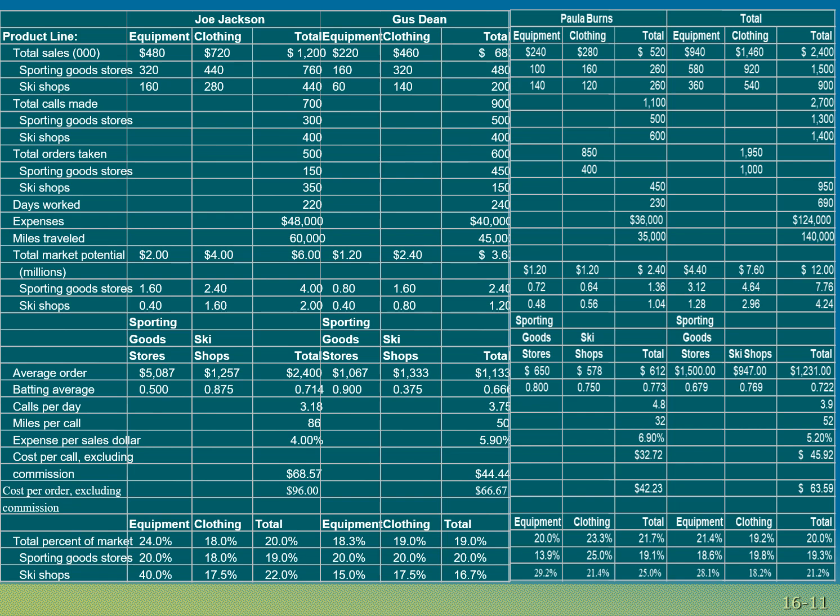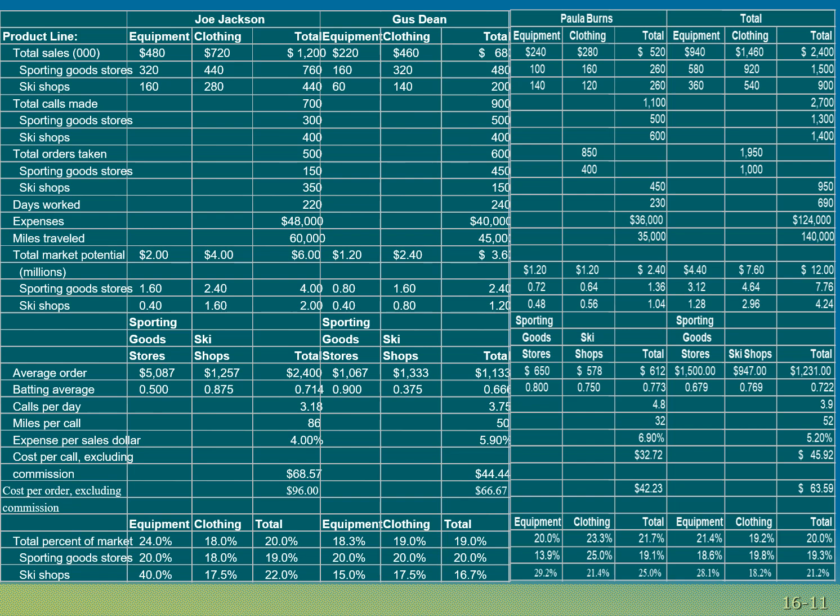Paula may need to improve on that. Batting average: Joe is good at ski shops, okay at sporting goods stores. Gus is really good at equipment, but very poor on clothing. And Paula is actually good at both, but her average order size and total volume are lower.